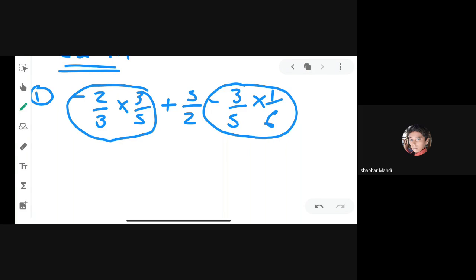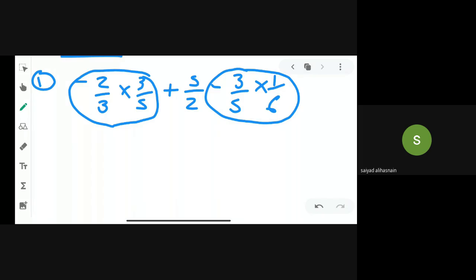In which you can see 3 by 5 is a common number. So first we are using commutative property to change the place of number. Commutativity property is useful whenever you have to change the place of any number. So first we are using commutativity property.